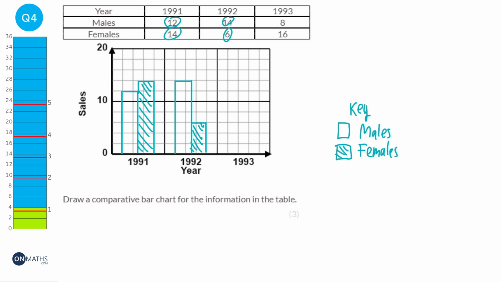And then finally, we've got 8 and 16. So 8 would be here. Then 16 will be up here, and finally obviously we're going to shade in the females.